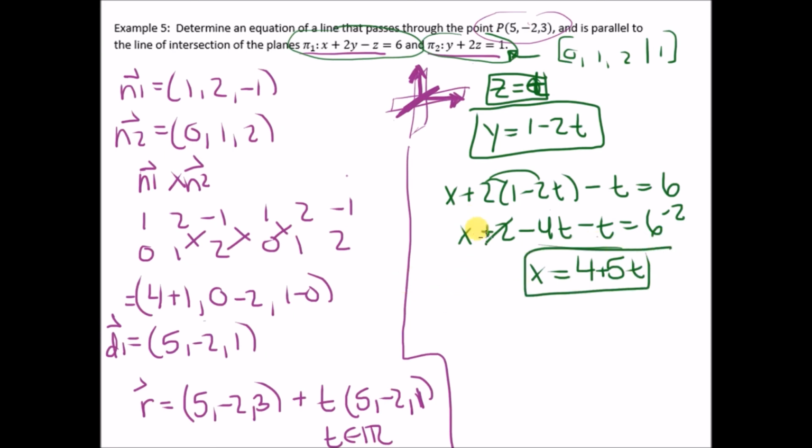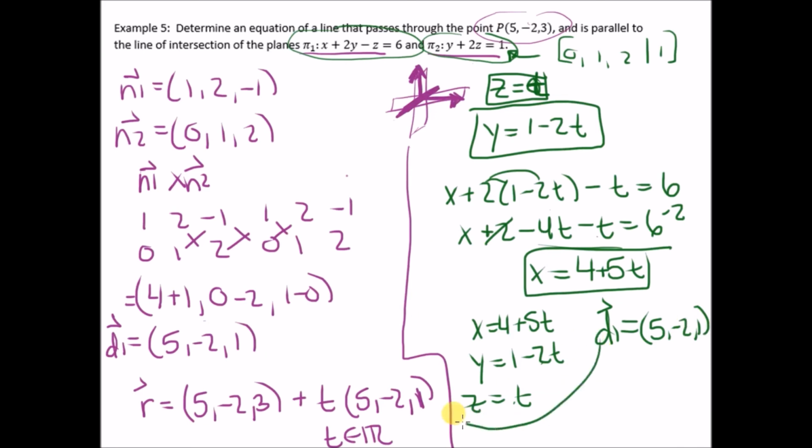So the line of intersection is x equals 4 plus 5t, y equals 1 minus 2t, and z equals t, which gives us the direction vector 5, negative 2, 1, which is the exact same direction vector as here.